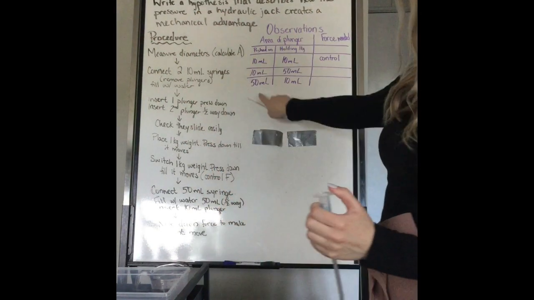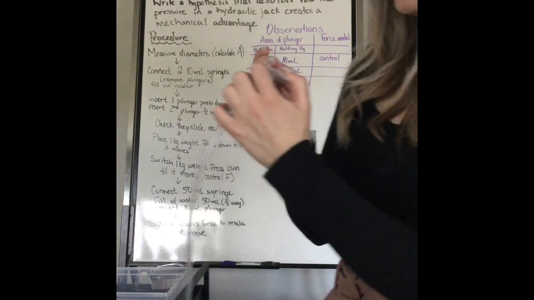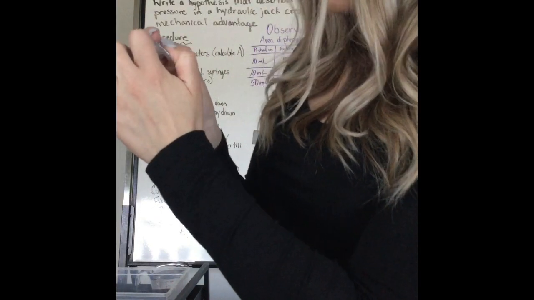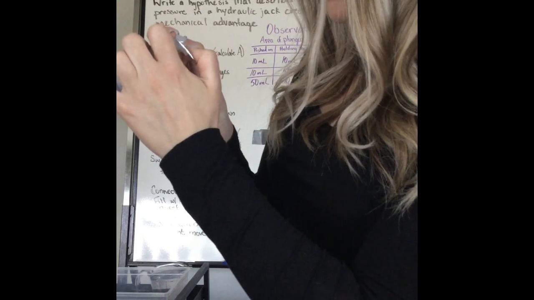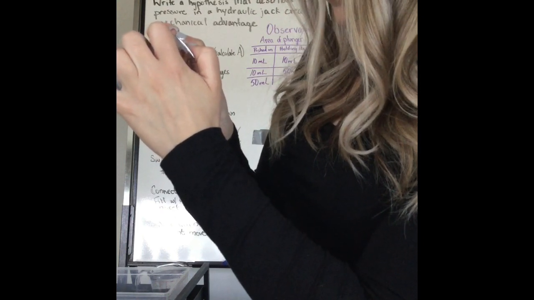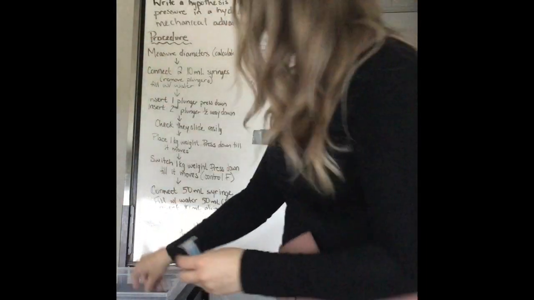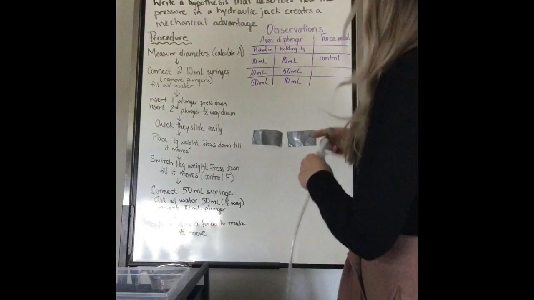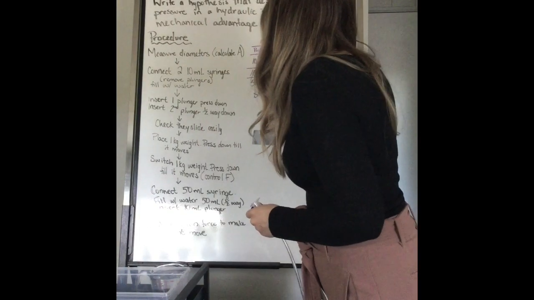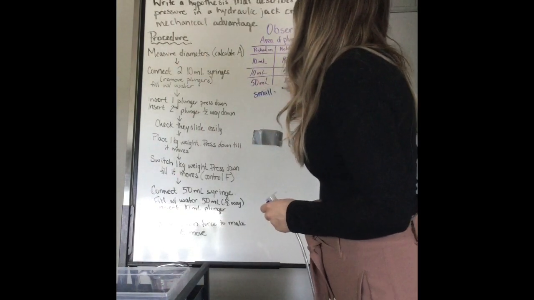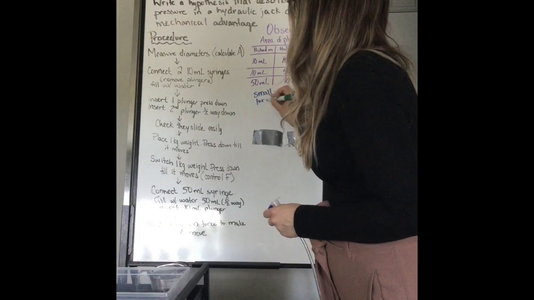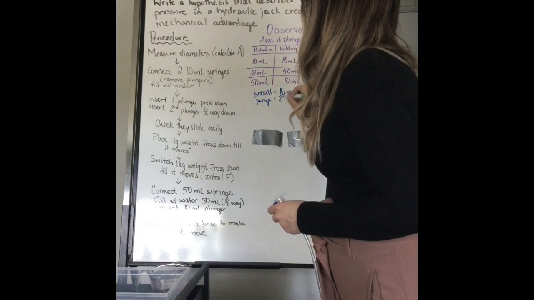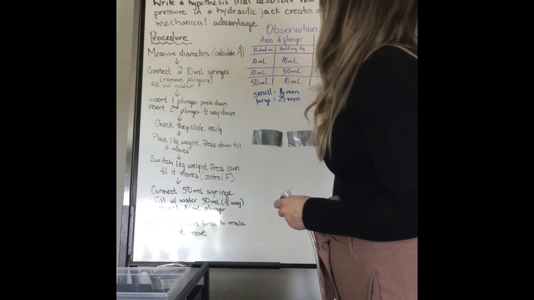So you should have that written down in your observations. And then for the small one, the diameter is 16. So you can see here. So you should have written down for the small, it is 16 millimeters, and for the large, it is 25 millimeters.